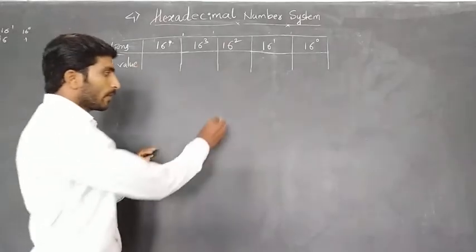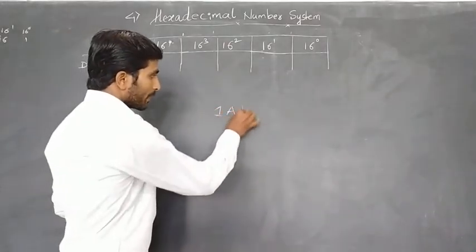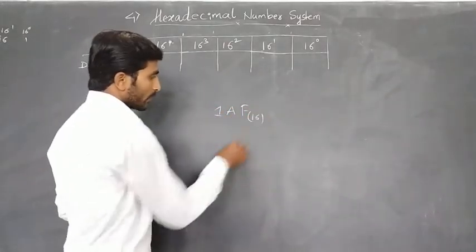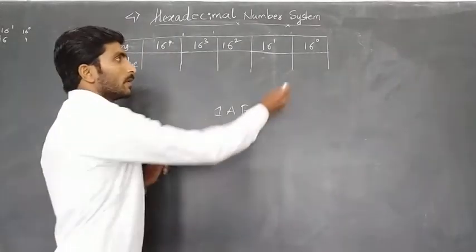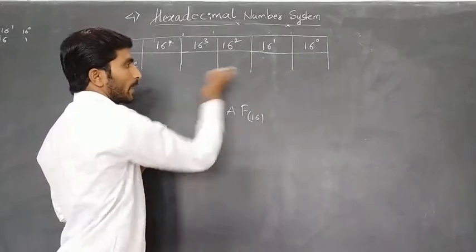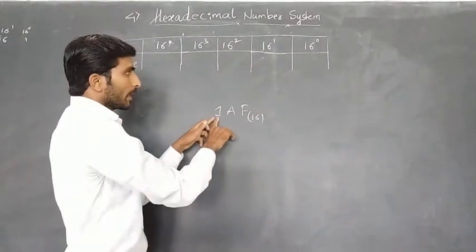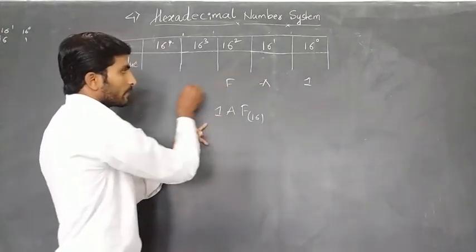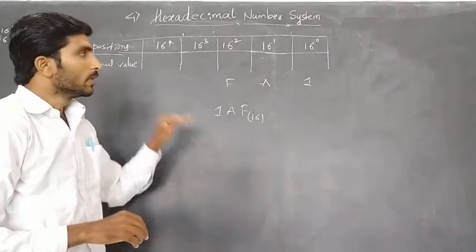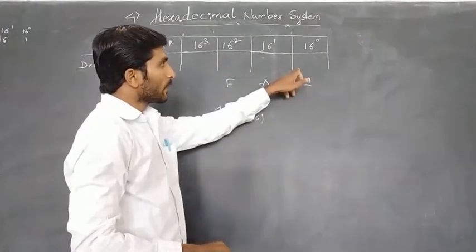For example, you have 1AF base 16. I have only 3 digits. You write the digits from right to left: F, A, 1. What is the place value?